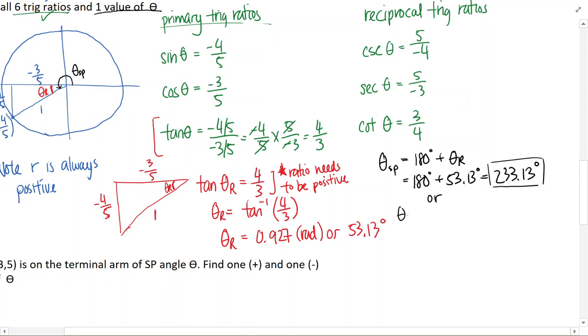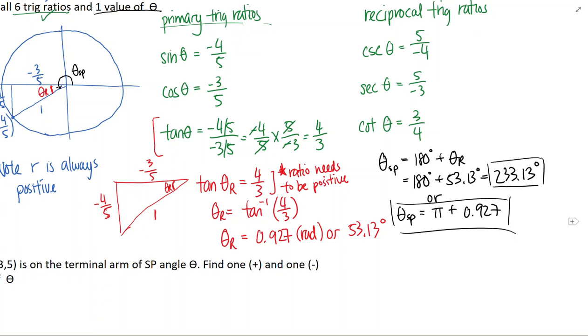Or for those of us who write in radians, it's pi plus 0.927. I'm okay with you just leaving it like that. These are the two options here.